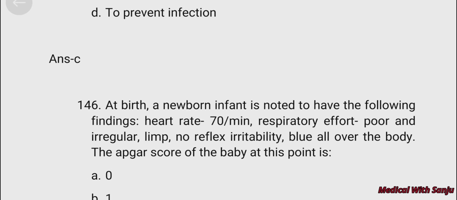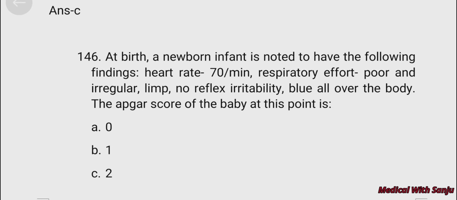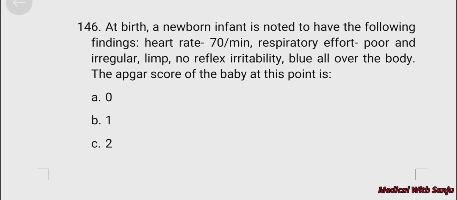Question number 146. At birth, a newborn infant is noted to have the following findings: heart rate 70 per minute, respiratory effort poor and irregular, limbs with no flexion, no irritability, blue all over the body. The Apgar score of the baby at this point is option A 0, option B 1, option C 2, and option D 3.